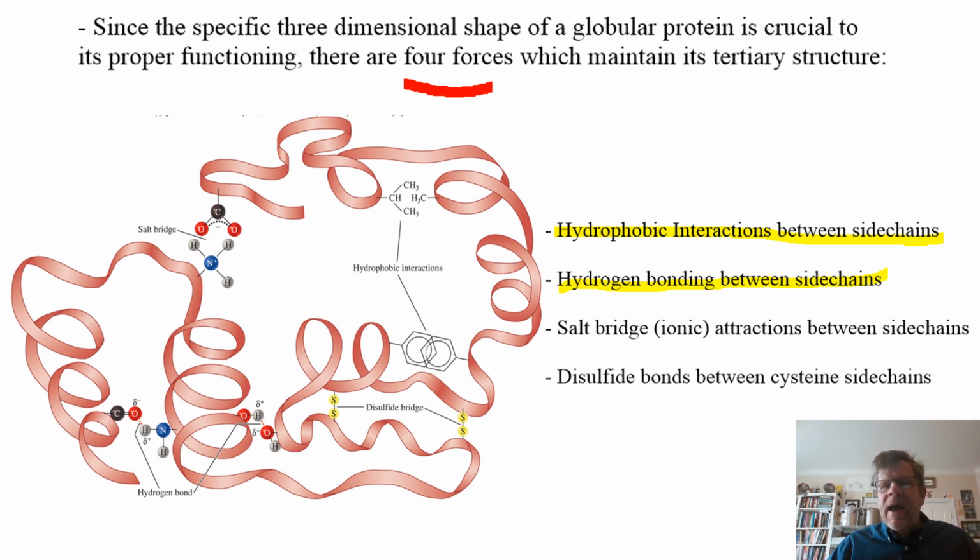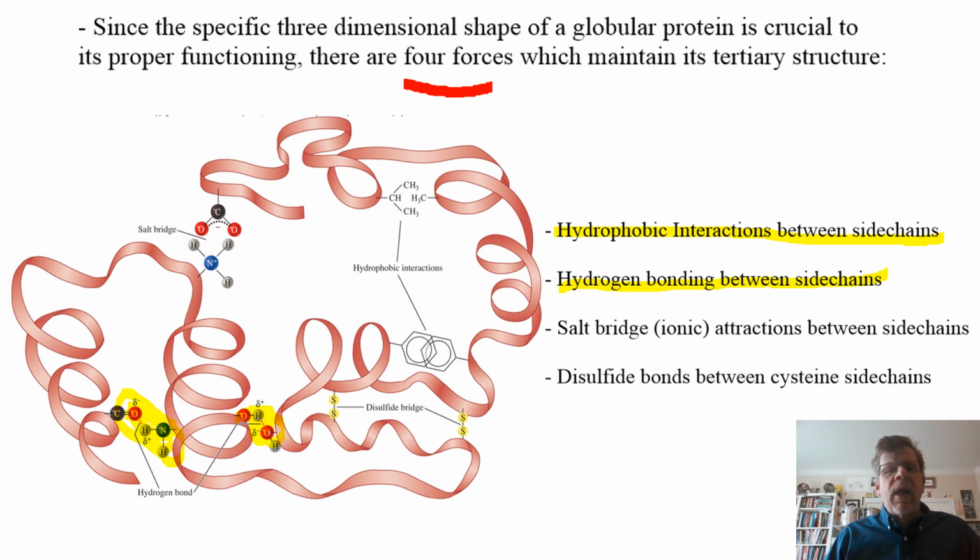You can look back at what they are, but we could imagine on some of these, hydrogen bondings occur between hydrogen bond donors and acceptors. We've seen hydrogen bonding before, how it ultimately interacts, but these act also as staples at various points within this three-dimensional structure, which holds that three-dimensional structure together.